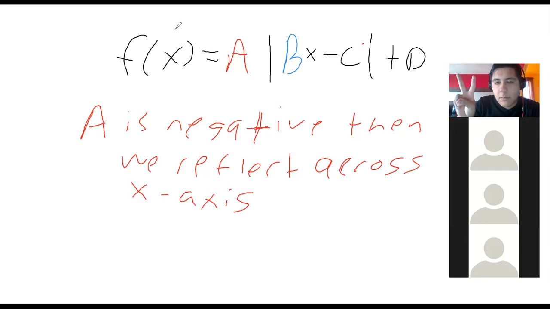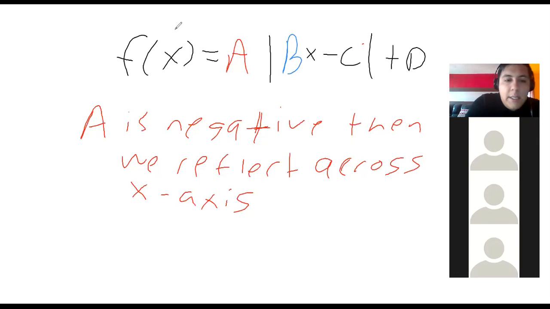It becomes a positive, right? No, not necessarily. We're saying that we're reflecting across the x-axis. So what is that going to do to the graph? It flips it. Down? So it should look like this, right? This is our parent function. If we reflect it across the x-axis, it's going to point downwards like this. So that's what it means when A is negative: we're going to reflect across the x-axis.